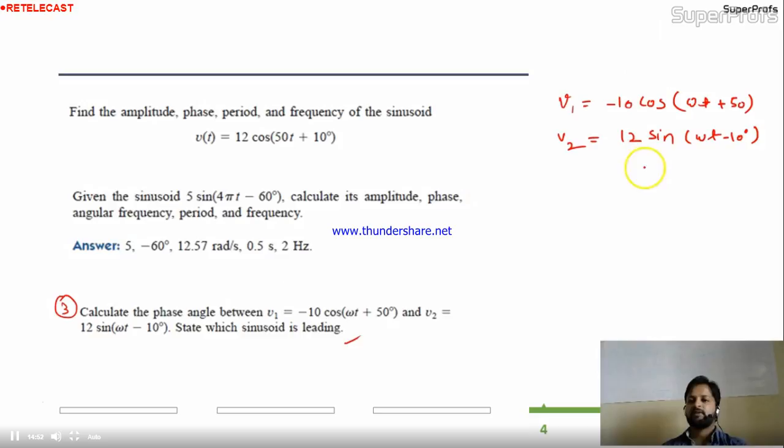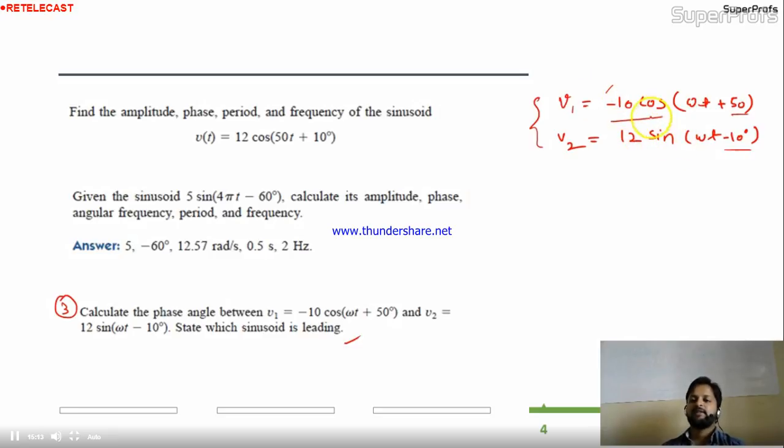So friends, if you are going to find any phase difference or draw a phasor diagram between two quantities, both should have the same sign. If they are positive, both should be positive; both should be negative. It should not be that one is positive and one is negative.